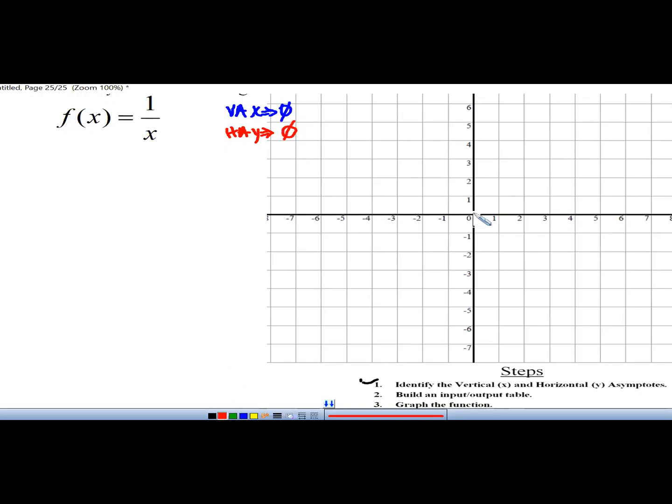So let's graph that. Our y-intercept of 0 is right there, and that's a horizontal line in red. There it is. And the same for our vertical asymptote in blue, through x equals 0. There it is.